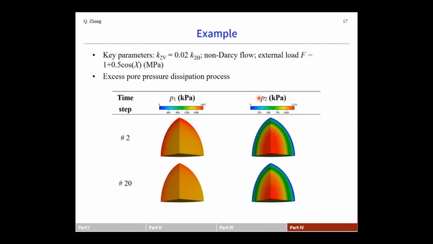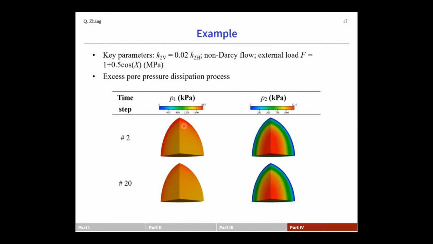And for P2, we can see that even though our equivalent fracture permeability is anisotropic, it will not skew the pressure distribution, because our plane of isotropy intersects with the boundary conditions, which will lead to a horizontal preferential flow direction.